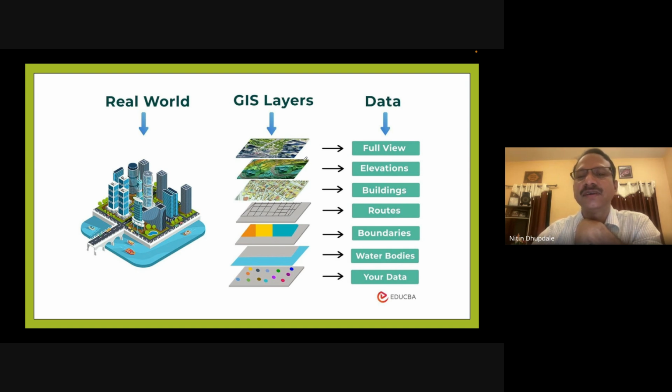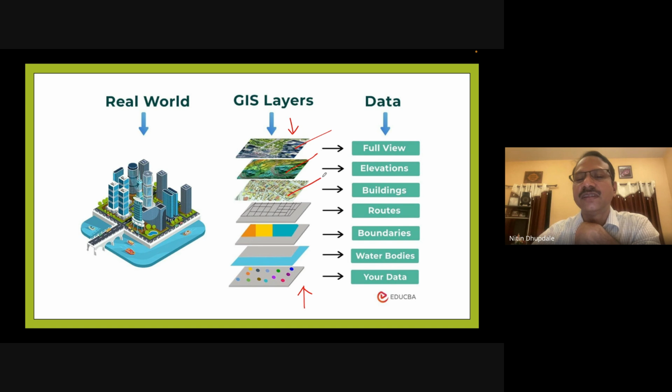GIS has various layers. This is upside down, so actually this is the bottom and this is the top layer here. When we do GIS, we use various layers. This could be the base layer, then the elevations, which show the topography.